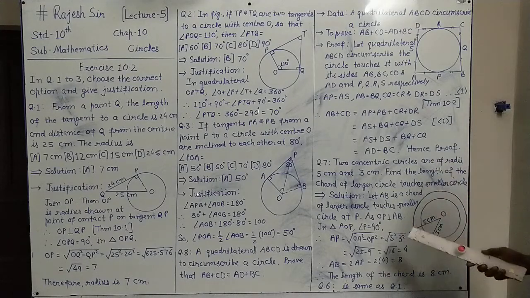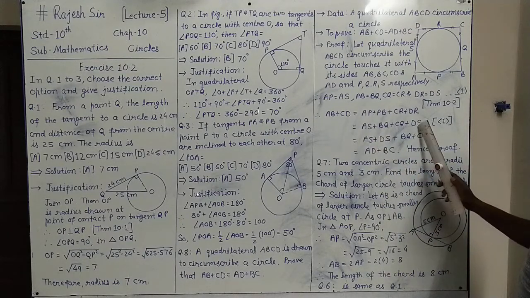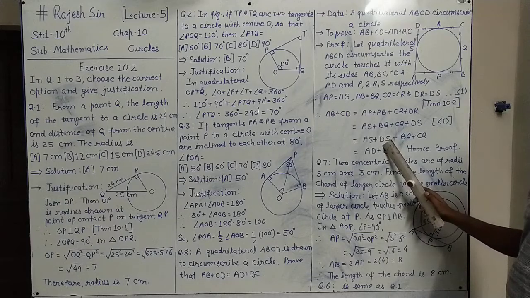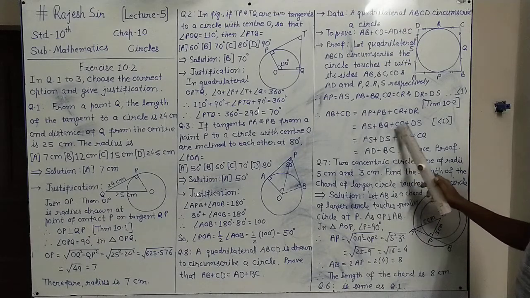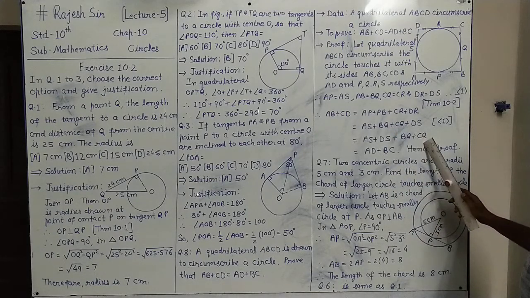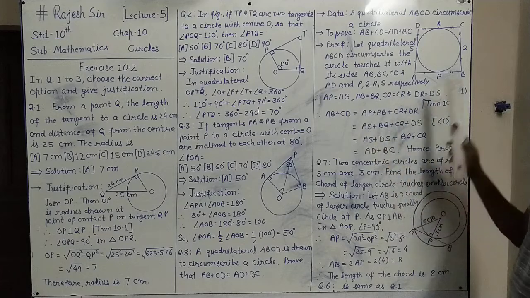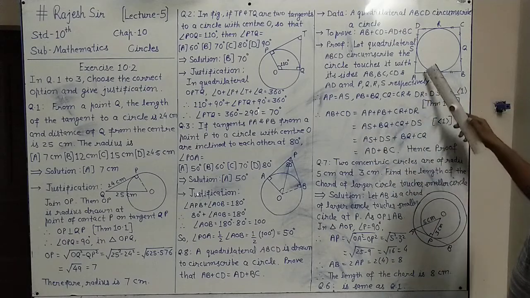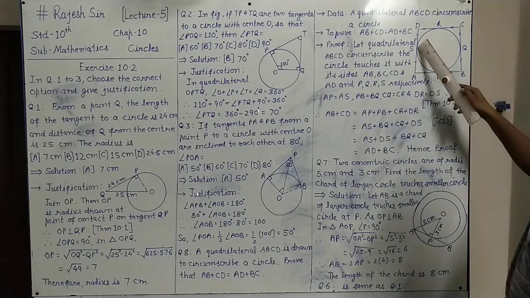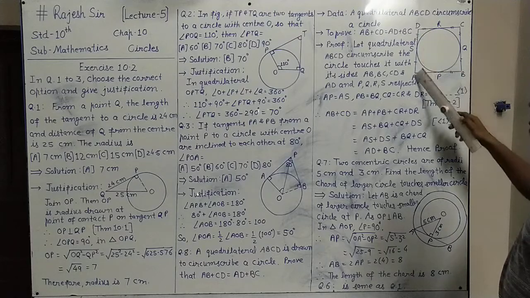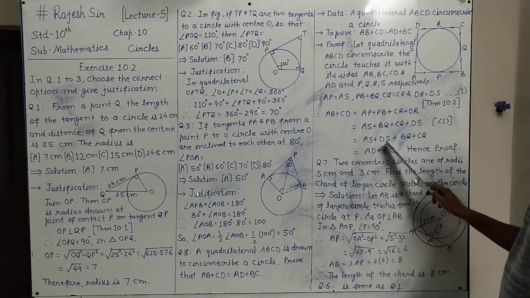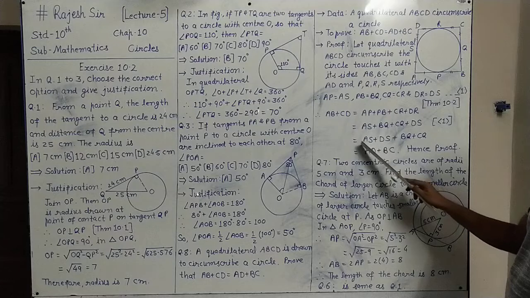Now just arrange the terms. AS is as it is, plus DS is written in the second position, and BQ plus CQ is written afterwards, at the end. Now if you see this part in the figure, the sum of AS plus DS gives AD, so AD is written in place of AS plus DS.